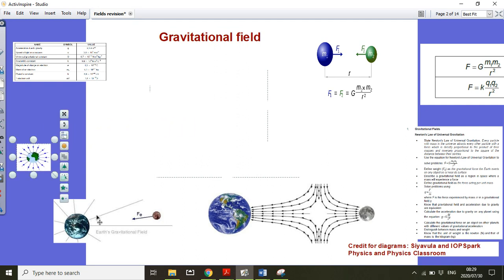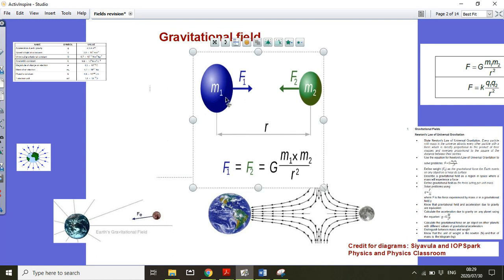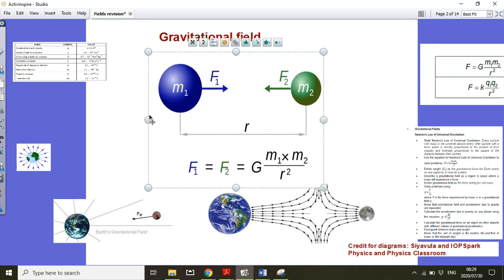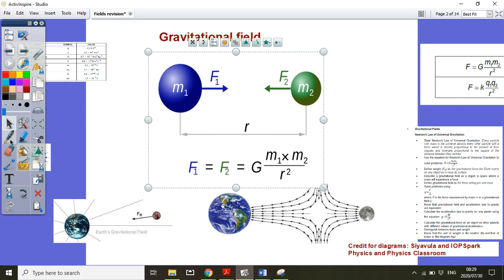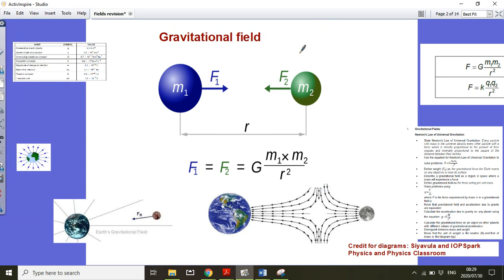Now, we also have to look at the masses involved here. If the one object is the Earth, which it often is, or another planet, remember, we're now generalizing, we are not only looking at the Earth. Now this force, this F, is the force of gravitation. It is the gravitational force. And you will remember Fg is also the weight.